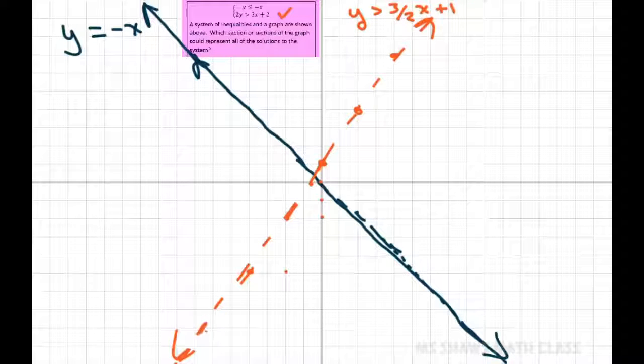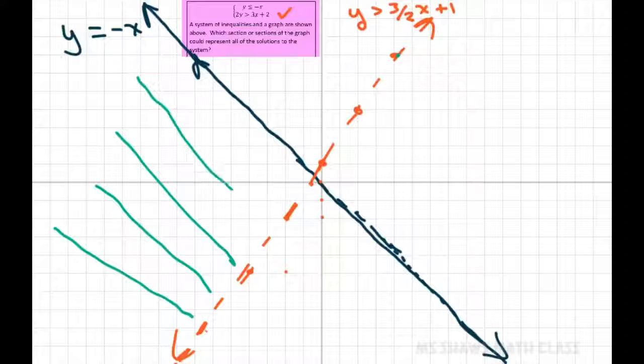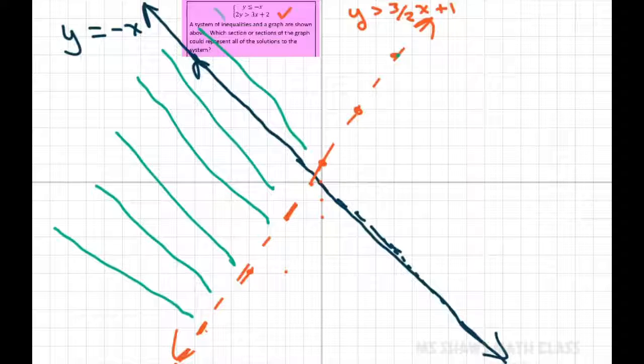So you have a dashed line, and it says it's greater than. That means you're going to pick a point on the line and shade up. So I'm going to shade up here, on top of it, not below it. I'm going to shade up. And there it is.